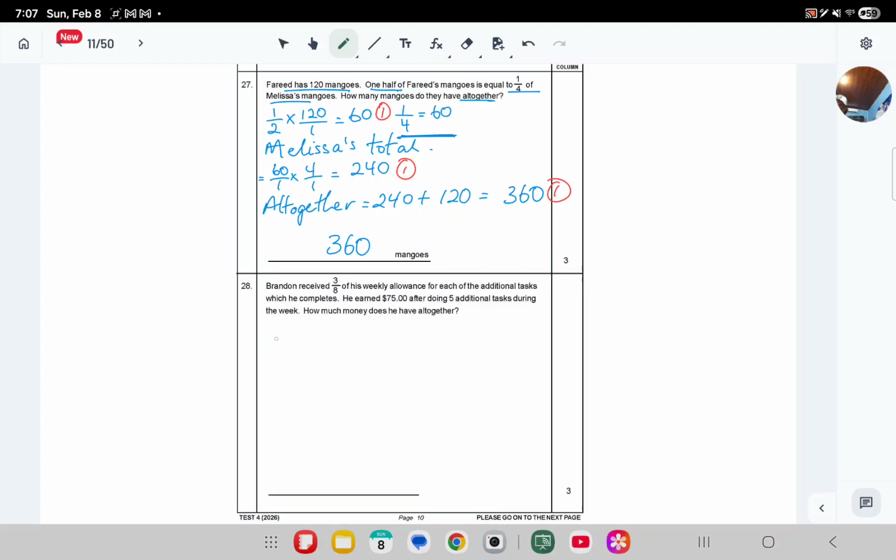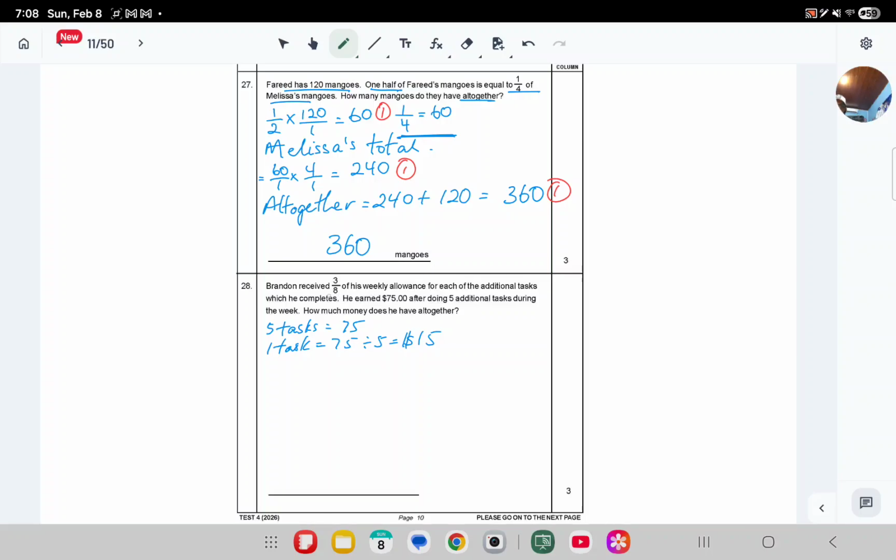So 5 tasks is equal to $75. So for one task, it will be 75 divided by 5, which is equal to $15. So we know he earned $15 per additional task.